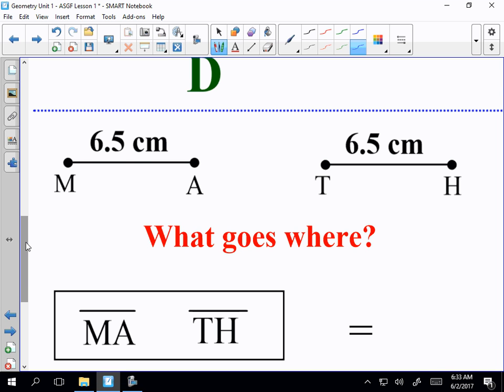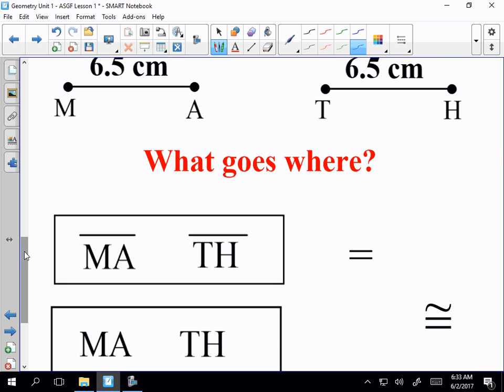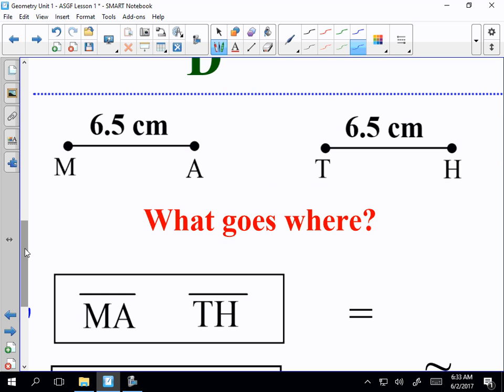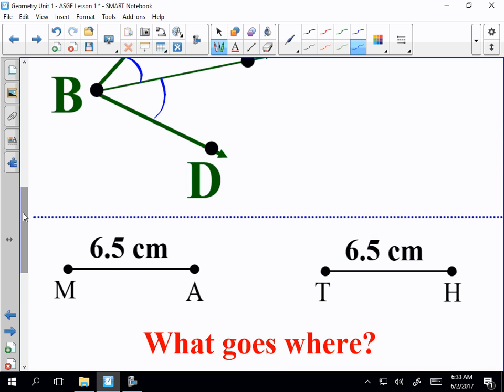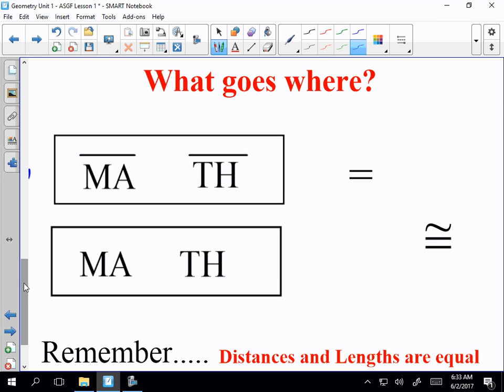Now, always be careful of proper notation, and that's something that we have to get used to in geometry. When we're talking about MA and TH, we can see based on the measurements, they're both the same length, but what we have to do is put the proper segment notation in and the proper length notation.